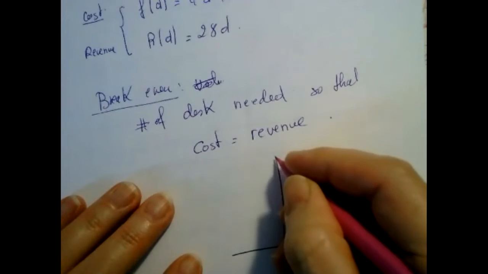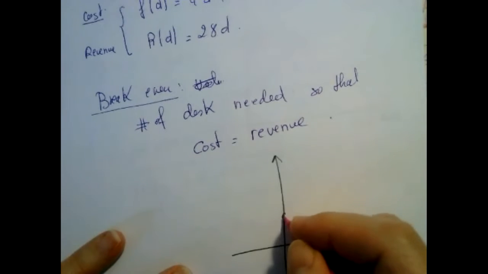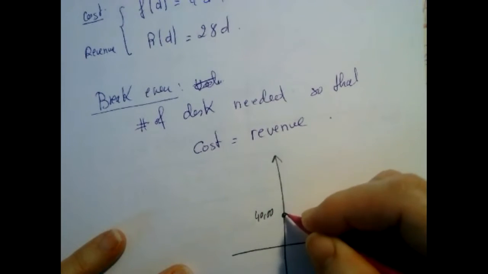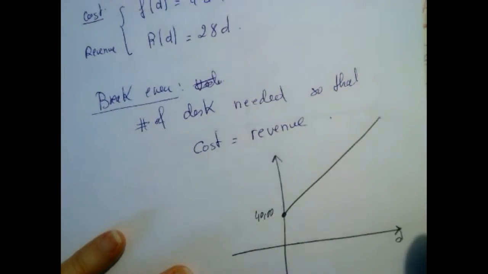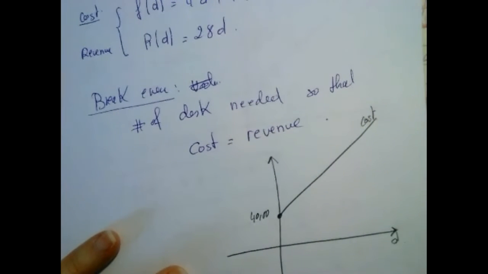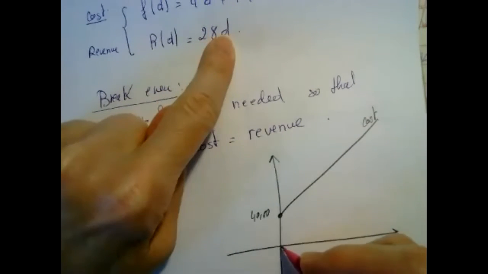Graphically, that's the picture. This is the number of desks produced. That's the fixed cost. And that's the graph for the cost. So this tells me the cost. The revenue is 28D. Means at 0, the revenue is 0.